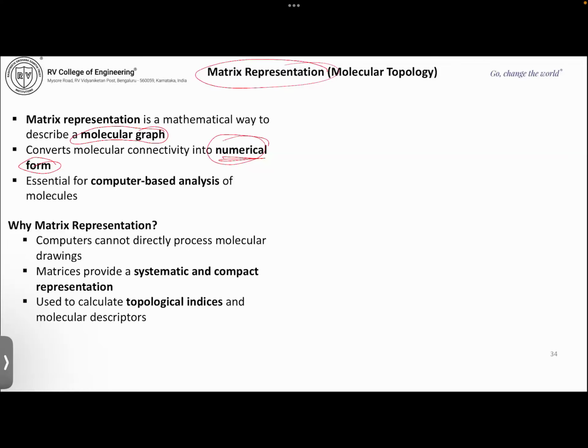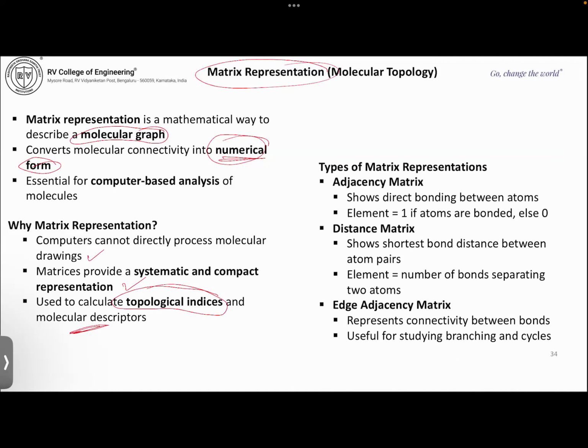Computers cannot directly process molecular drawings. So matrices provide a systematic and compact representation of any given molecule, right? This matrix representation is used to calculate topological indices, which I'll discuss in the upcoming slides, and the molecular descriptors in the next recording.